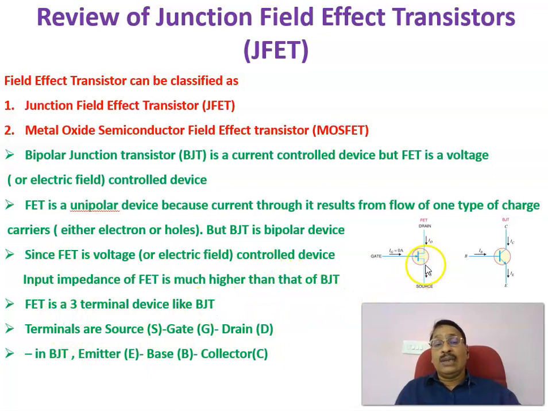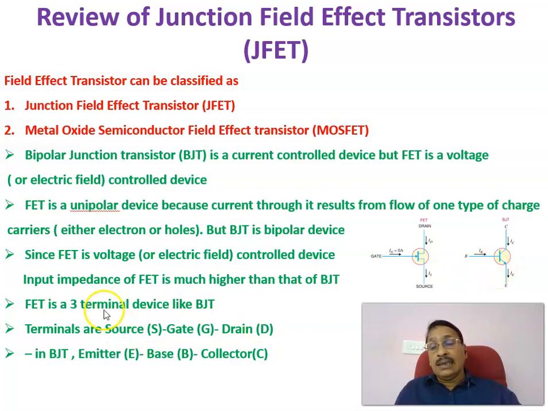And coming to the next point, both are three terminal devices. In a bipolar junction transistor, we call them base terminal, collector terminal, and emitter terminal. Correspondingly in FET, they are gate terminal, source terminal and drain terminal. Therefore, FET is also a three terminal device, and this is the bipolar junction transistor symbol, and this is the JFET symbol.